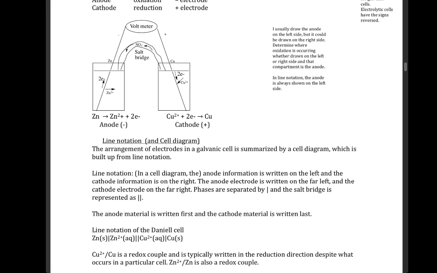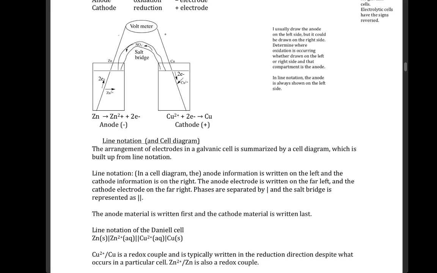Okay, so what that comes down to is the anode material is written first, and the cathode material is written last. So the line notation of the Daniell cell, the zinc copper cell, would be Zn solid. That is part of the anode.